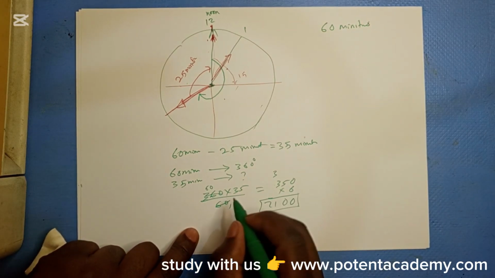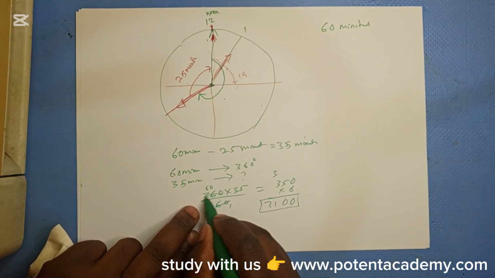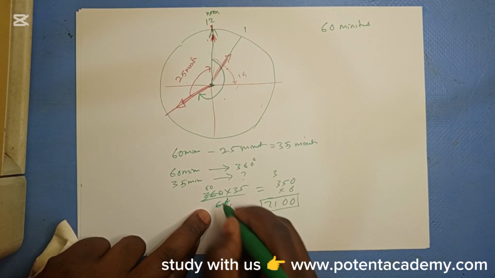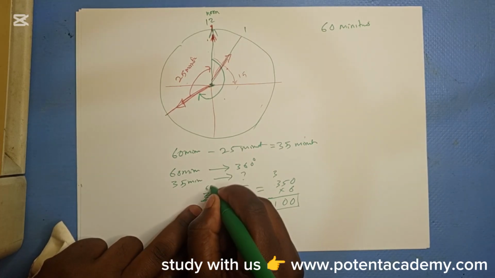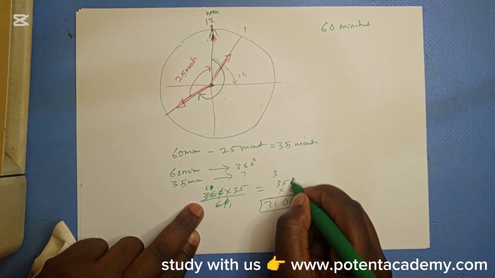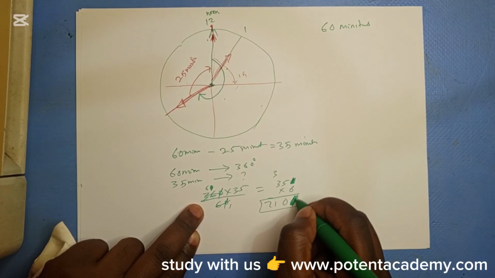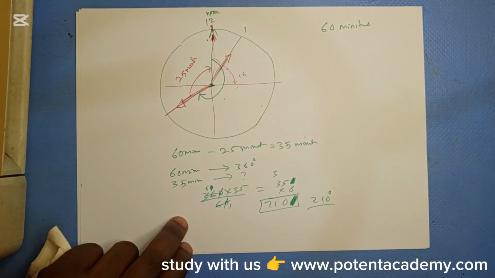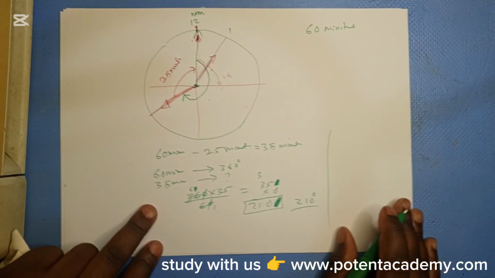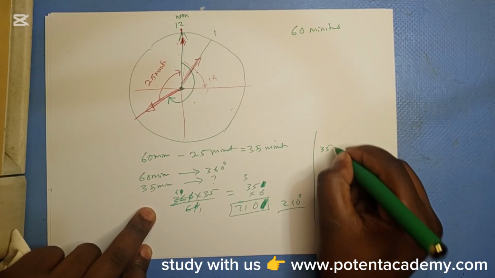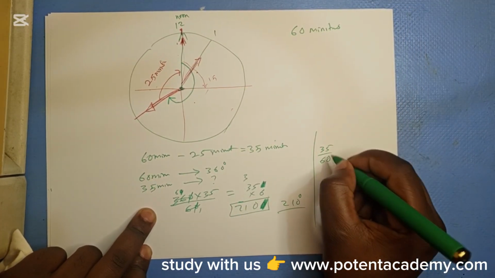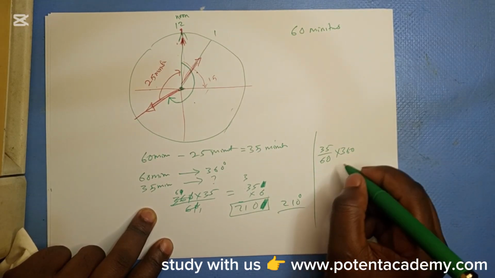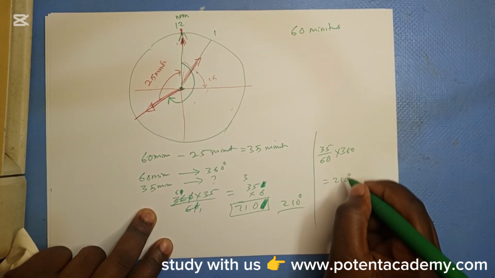Sorry, I'm really sorry, 360 divided by 60 is not 60, it is 6. So the answer is 6 times 35, which is 210 degrees. That is one way you can do it. The other way, you could say 35 over 60, because 35 minutes over 60, then times 360, you get the fraction. The answer again will be 210 degrees.